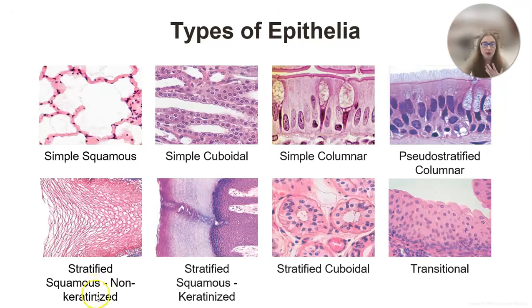Then we have our stratified squamous epithelium, and these come in two types. We'll talk about that more when we get there. Stratified cuboidal, and then because this is biology, we always have to have one guy who does his own thing. So we have one type of epithelium that actually doesn't get named in that nice dichotomous two-option naming system. We have our transitional epithelium, which we'll end on.